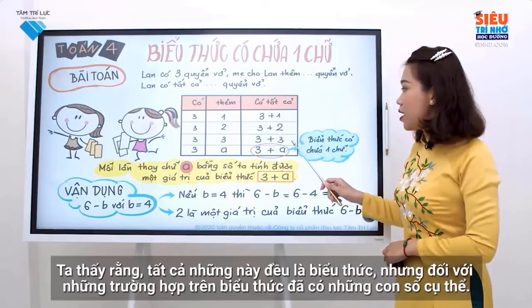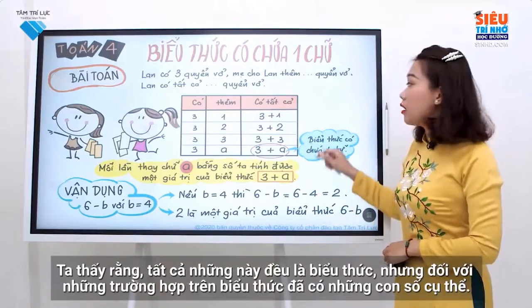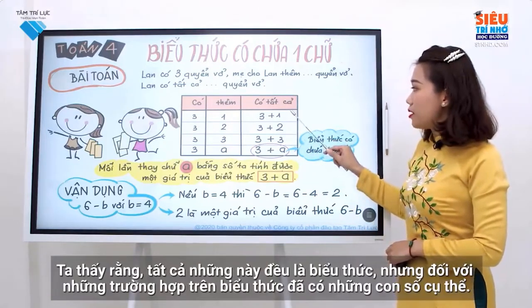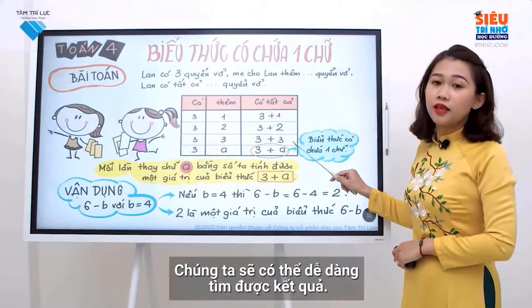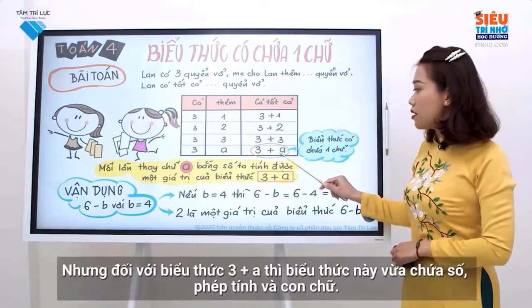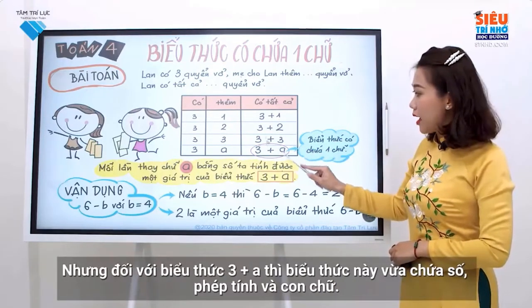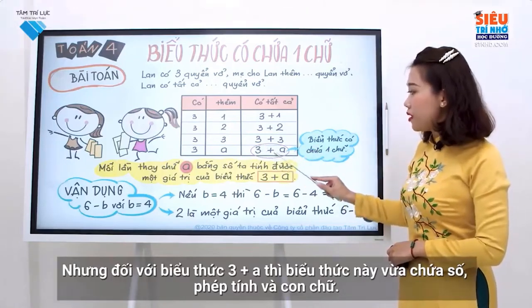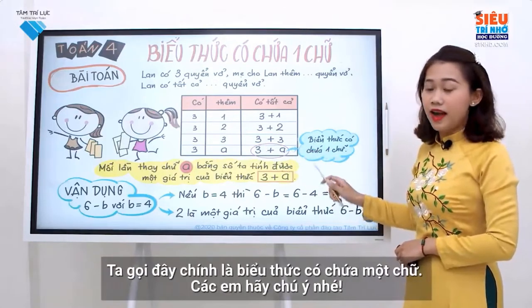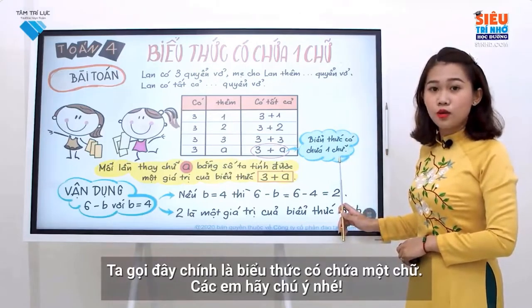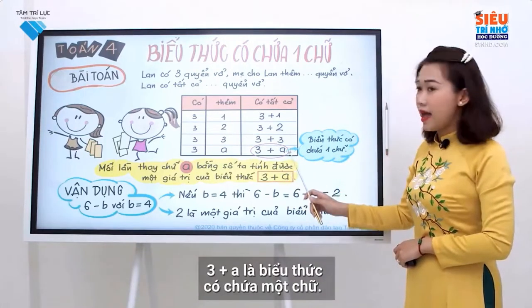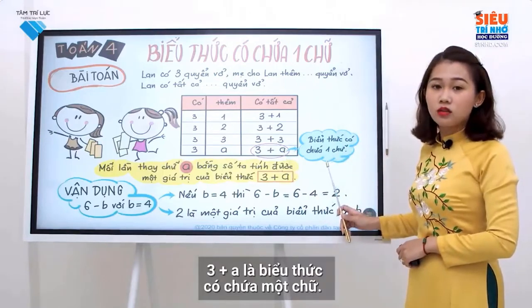We see that all of these are expressions, but for the above cases, the expression has specific numbers. We can easily find the results, but the expression 3 plus a contains numbers, calculations, and letters. It is called an expression containing a single letter. Please pay attention. 3 plus a is an expression containing a single letter.